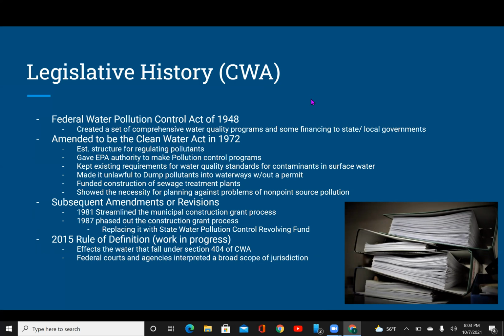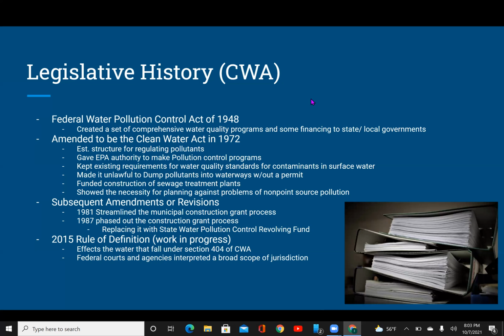Later there were some subsequent amendments or revisions. In 1981, they had the streamlined municipal construction grant process, and then later that was changed and replaced with the State Water Pollution Control Revolving Fund, which was in 1987. In 2015, they had a rule of definition, because everyone was wondering what exactly the Clean Water Act can touch upon.